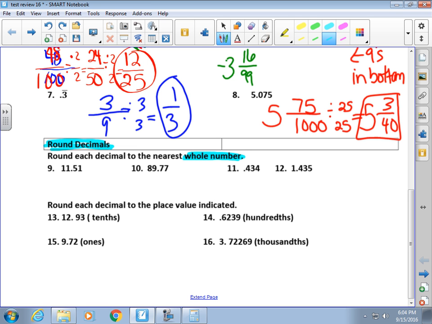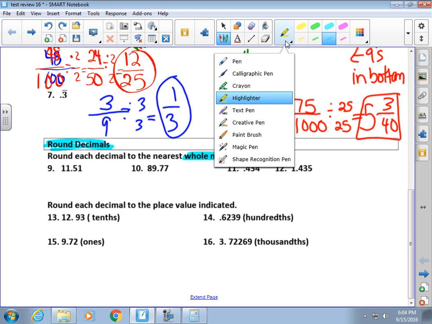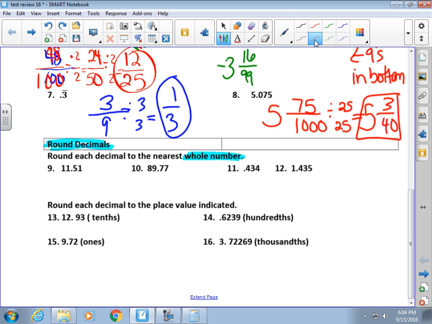And we learned that whole numbers are anything from 0 and up, so 0 to infinity. Whole numbers, no decimals.